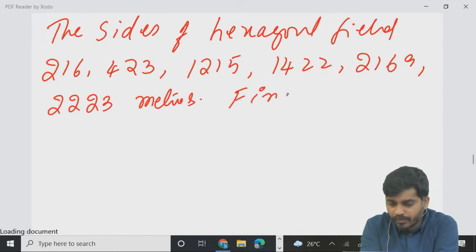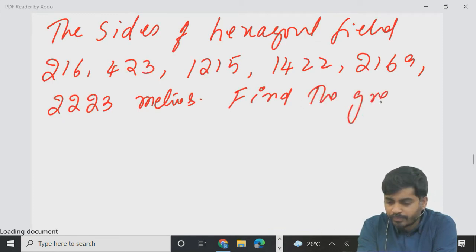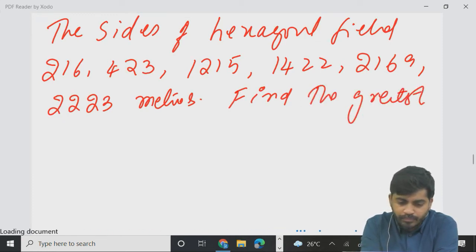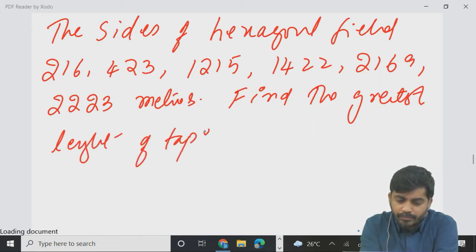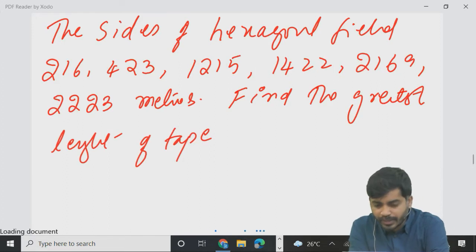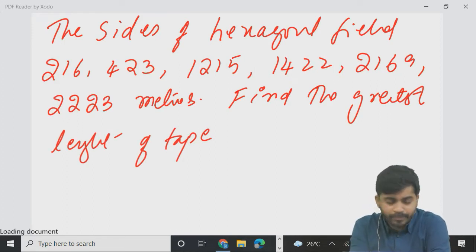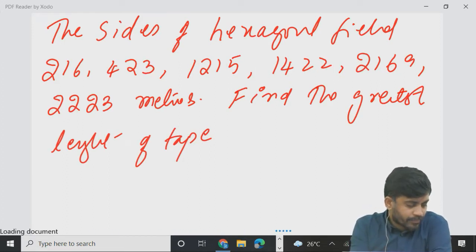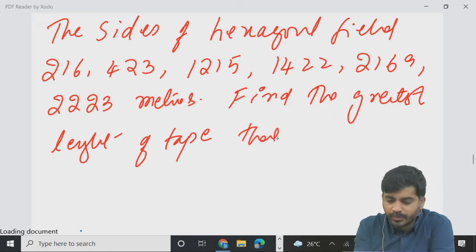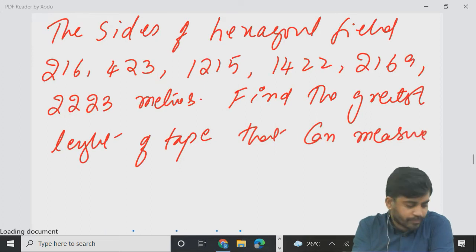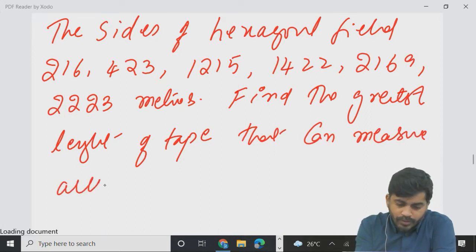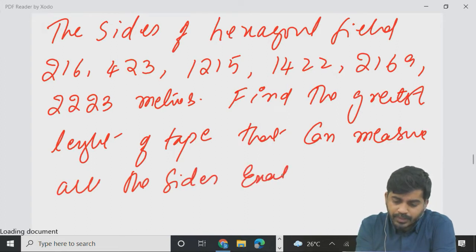Find the greatest length of tape that can measure all the sides exactly.